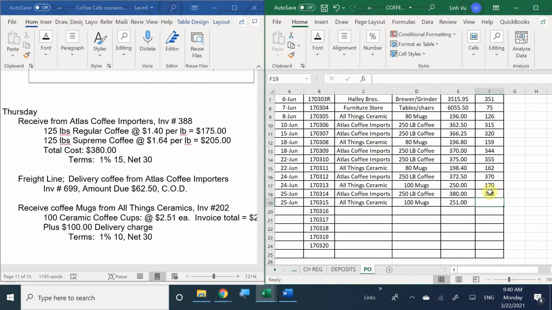Since we're already here and we see the next section is that we received the coffee mugs, go ahead and plug in the invoice number of 202. So we retrieved the invoice for the 100 coffee mugs.